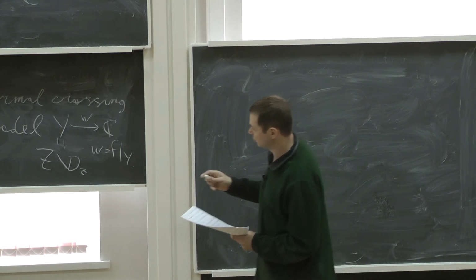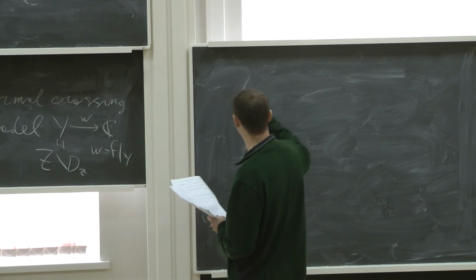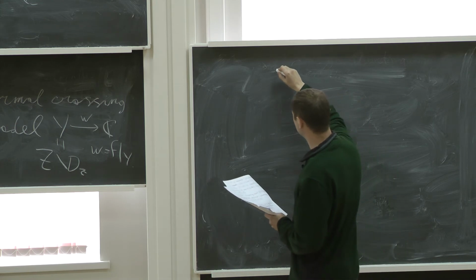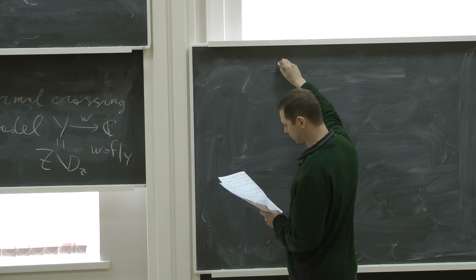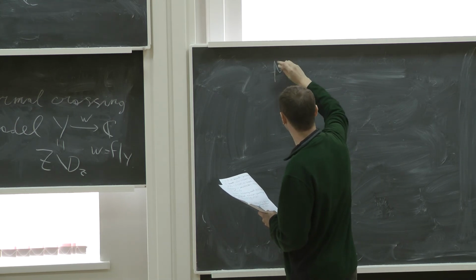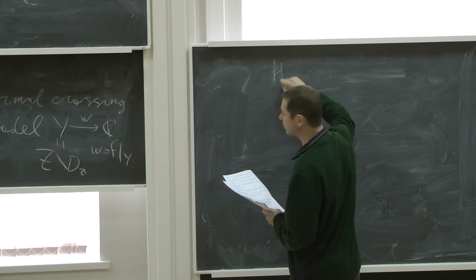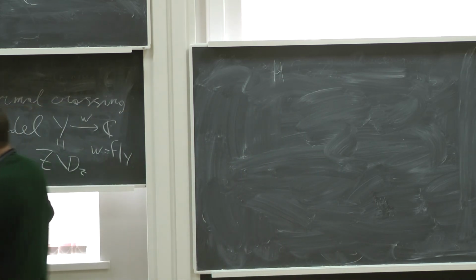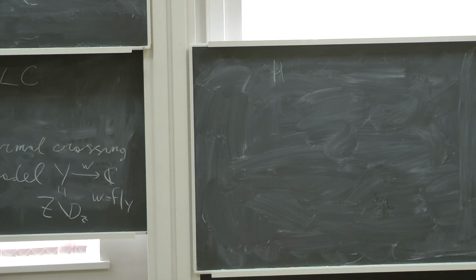But let me start from some motivation of the definition. This definition is inspired by homological mirror symmetry, or part of homological mirror symmetry. So f from Z to P^1.